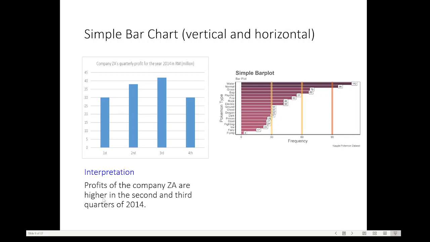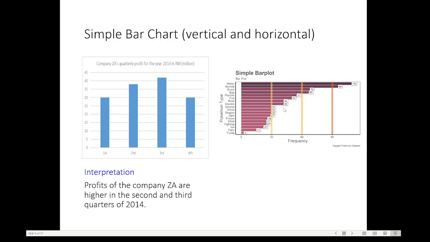For example, the profit of company ZA is higher in the second and third quarters of 2014, because these two are higher than the others. Or you can say that the profit of company ZA is the highest in the third quarter, amounting to around 42 million ringgit. You can say many things here.